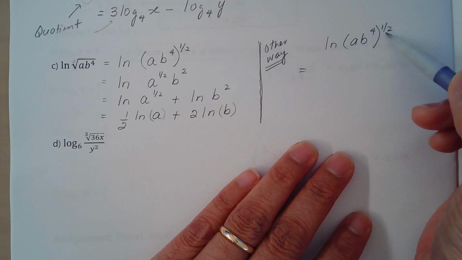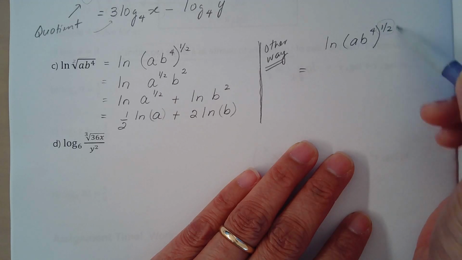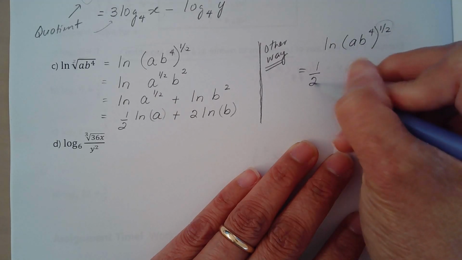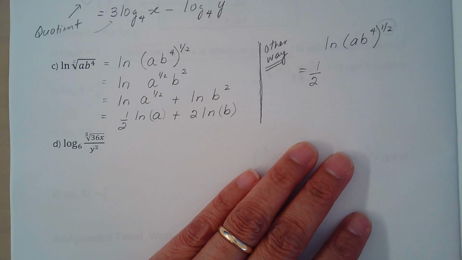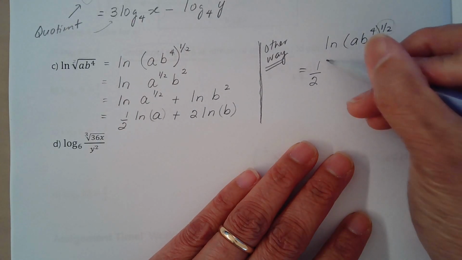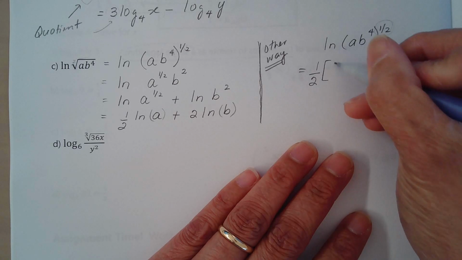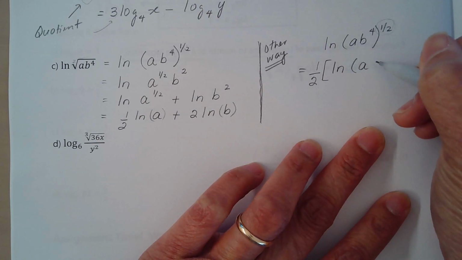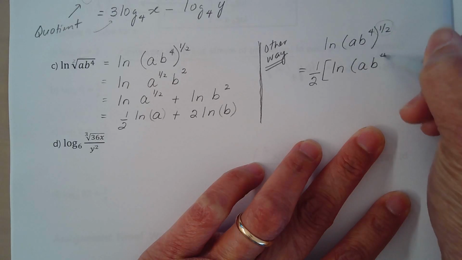So what can we do? That exponent 1/2, we can bring out: 1/2 times the natural log of a times b to the 4th.